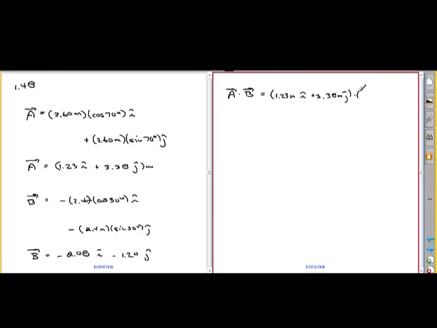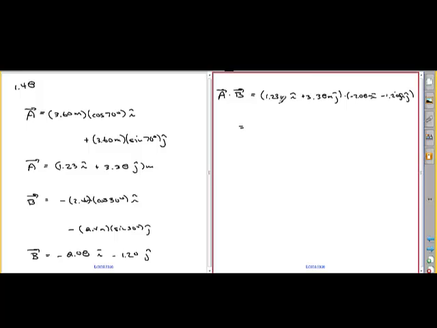And we're going to dot that with the b vector, and the b vector is negative 2.08 i minus 1.20 j. Those have meters in them. So it's a scalar product, but you do have the units squared again.